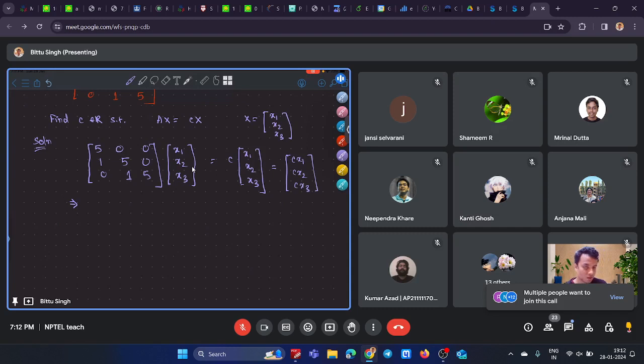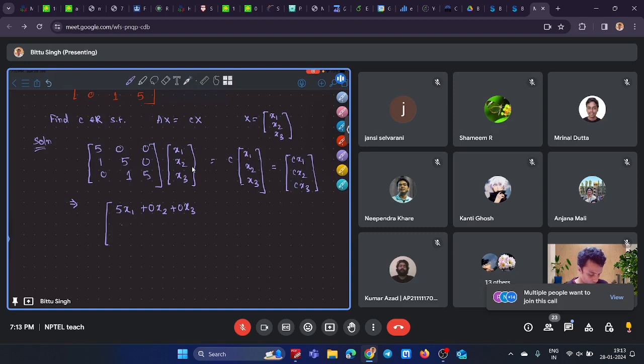And multiplying the left hand side, recall how matrix multiplication works: row times column. The first row times the column gives 5 times x1, 0 times x2, 0 times x3. Therefore it will be 5 times x1, because 0 times x2 and 0 times x3 get cancelled.